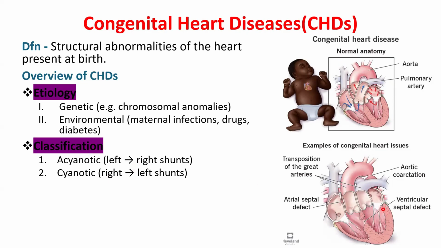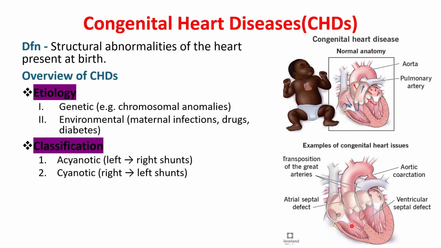So when you're having these anomalies, let me start with cyanotic. Cyanotic one, let's understand. Blood is coming to the right atrium, then goes to the right side, so right atrium, right ventricle.